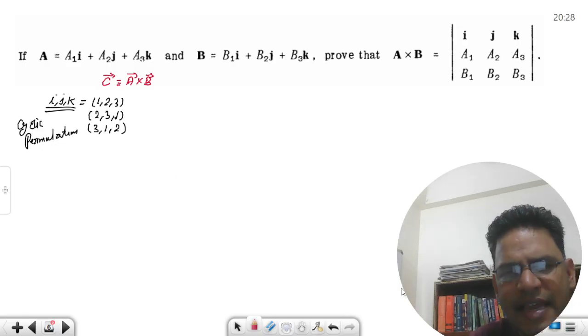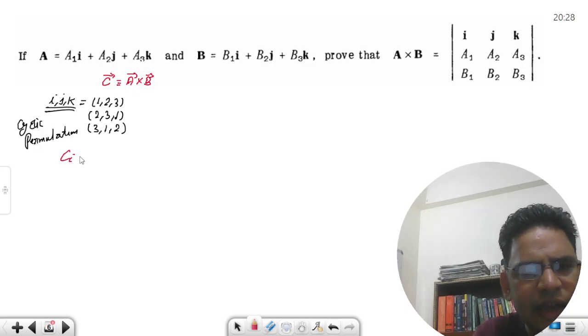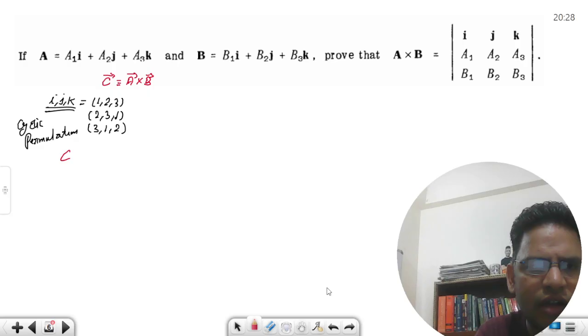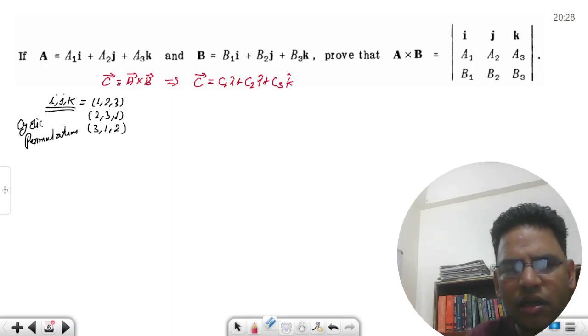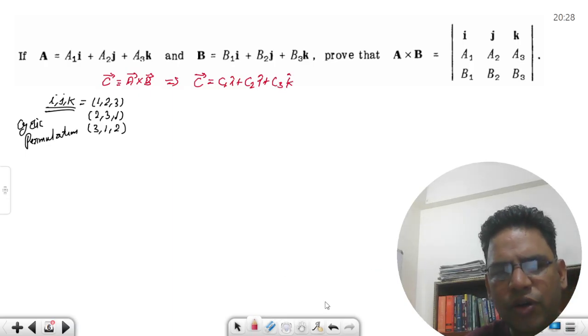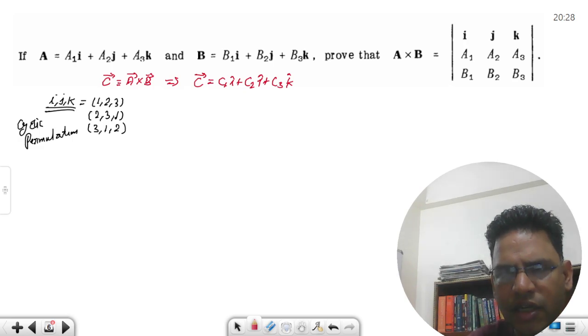So any ith component Ci, if I were to calculate it, let's say this C vector is C1 i cap, C2 j cap, C3 k cap. How am I going to get the C1 vector directly?